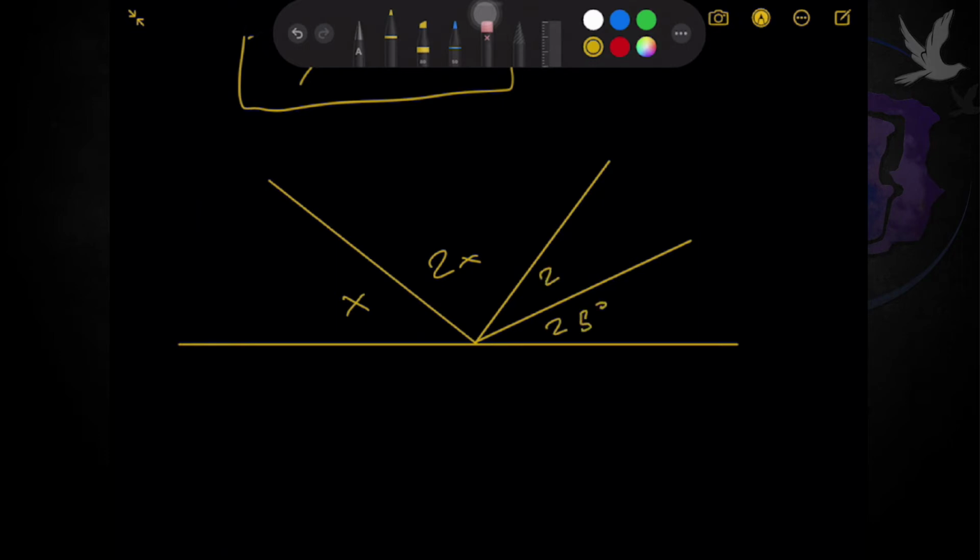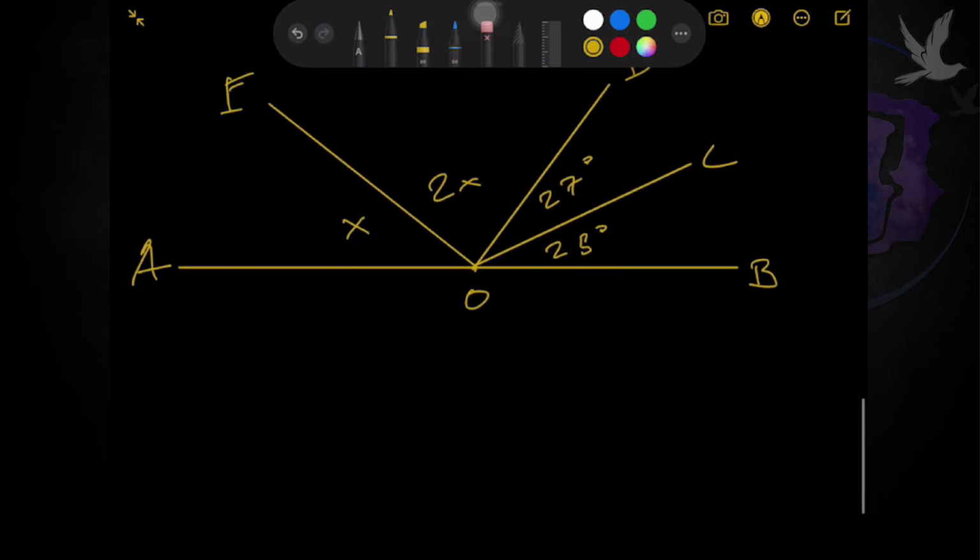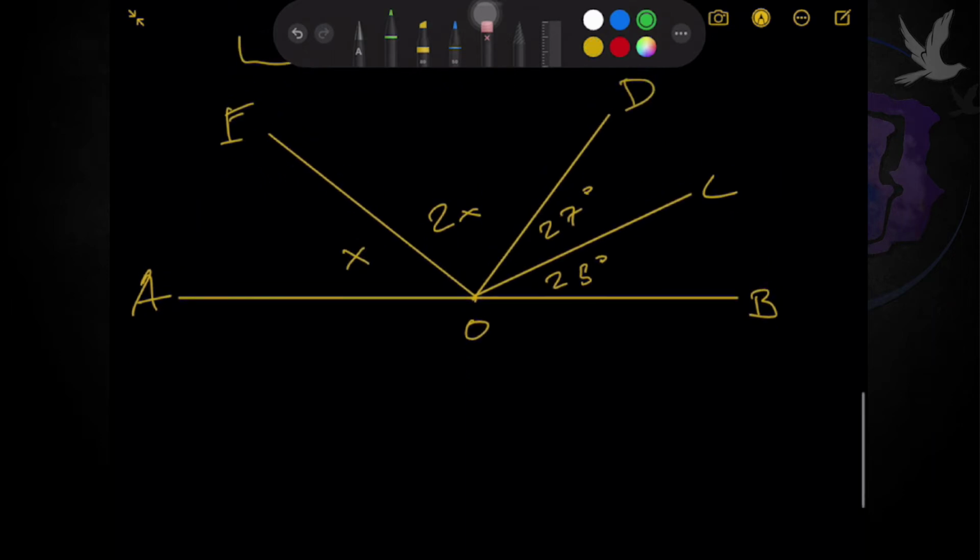And this is, let's say, 27 degrees. Okay. Again, you know that all this equate to what? 360 or 180? It's a straight line. So, all these angles, ito, we have 1, 2, 3, 4 angles. If you're going to add them all up, it's equivalent to 180 degrees because it is a straight line.